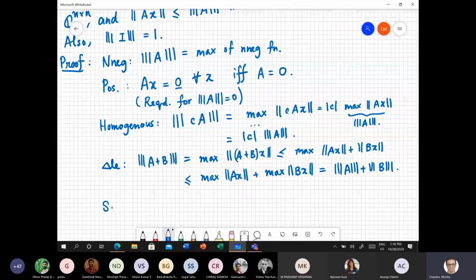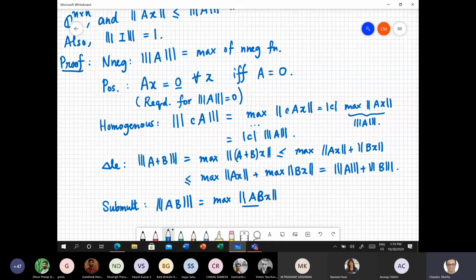And submultiplicativity. So if I consider the norm of AB, this is equal to the max of, I will consider the other form, so I'll write it like this: norm of ABx over norm of x over all x not equal to 0.